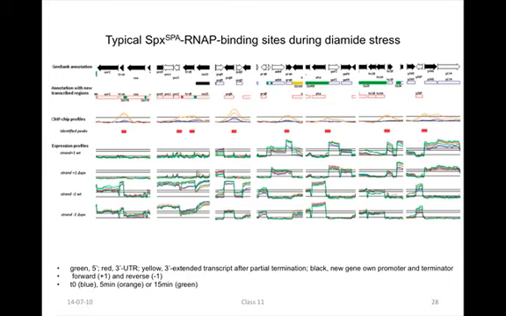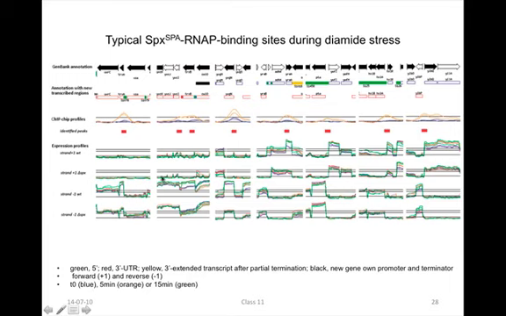So if I look here, this is yellow, so this gene is probably extended to this point after it's partially terminated. Black is a new gene and promoter and terminator being called. They've also done the expression profiles for forward as well as reverse for wild type.